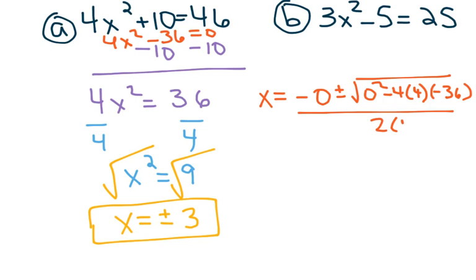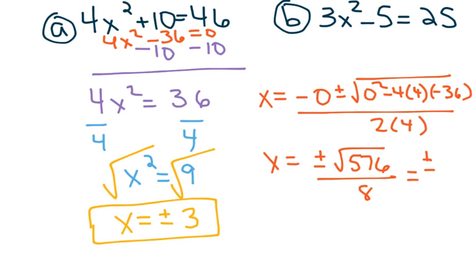You would end up with plus or minus the square root of 576, and the square root of 576 is 24. So you get plus or minus 24 over 8, which is plus or minus 3.